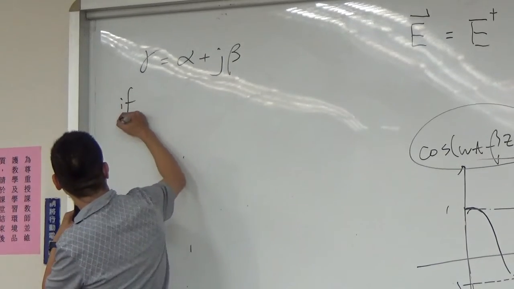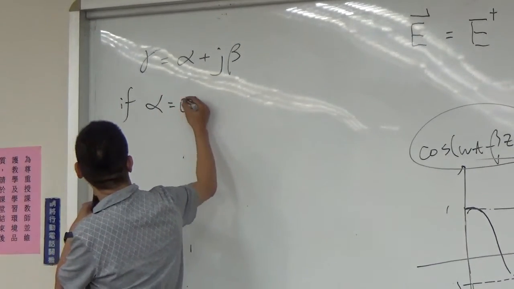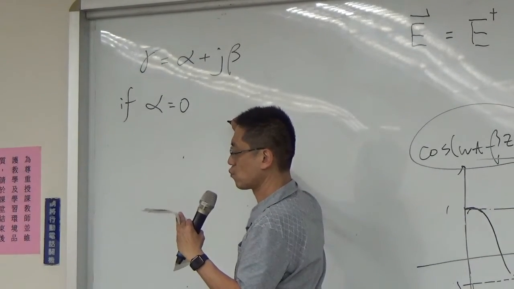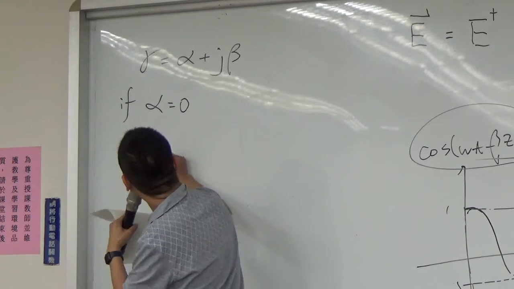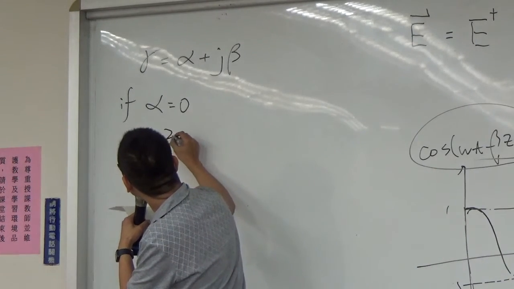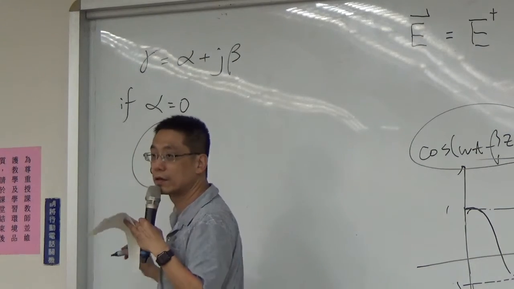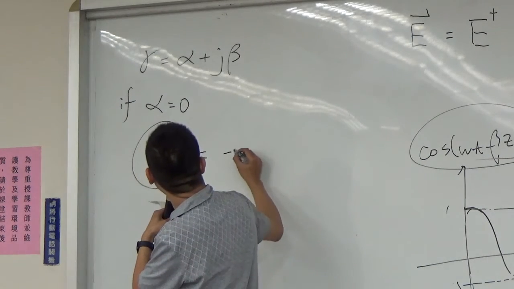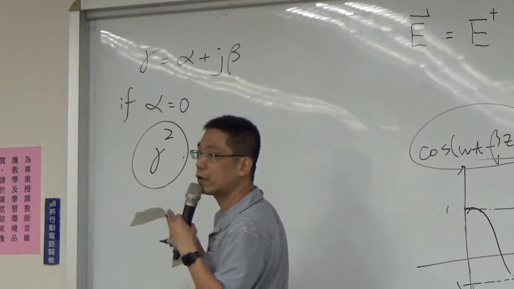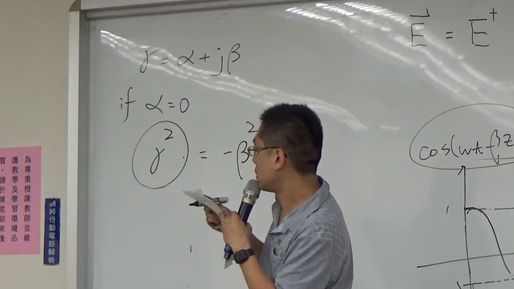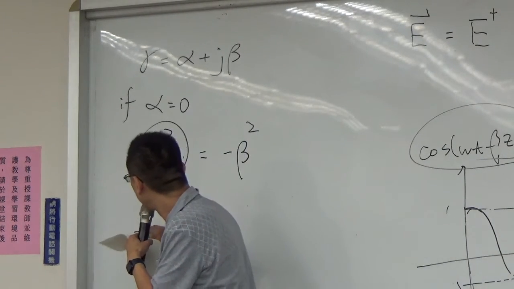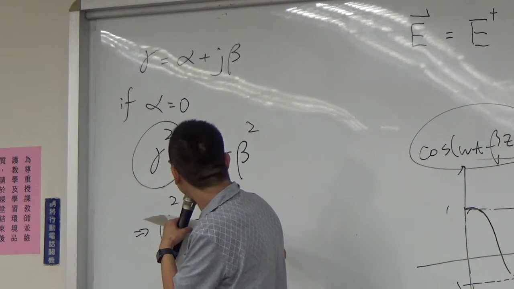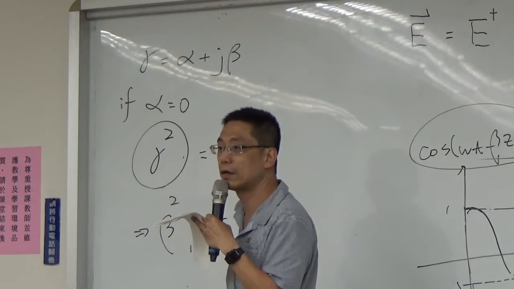If alpha equals 0, we look at what gamma square is. Gamma square equals minus beta square, right? So beta square will equal minus gamma square.